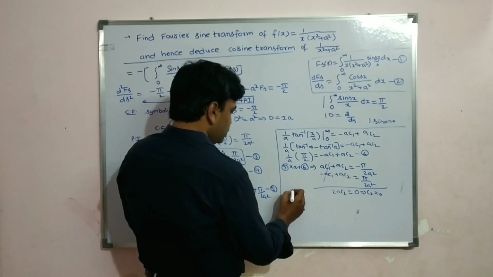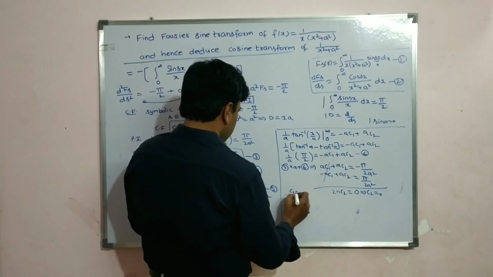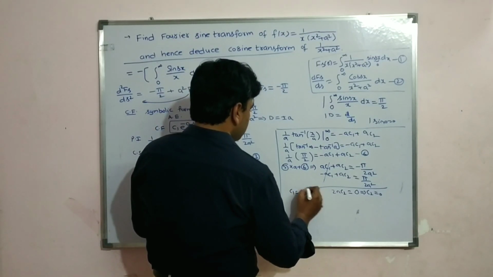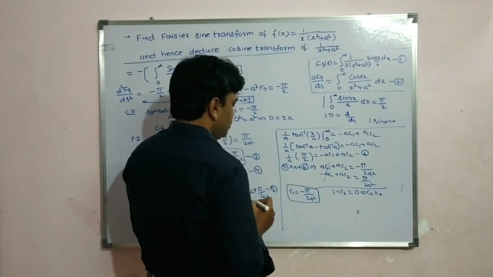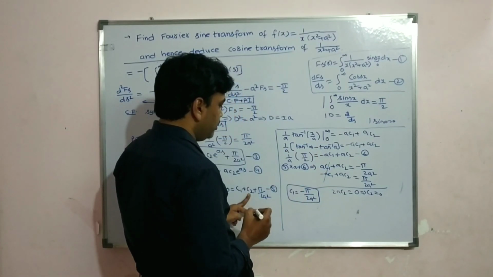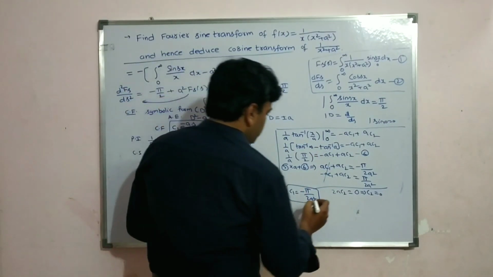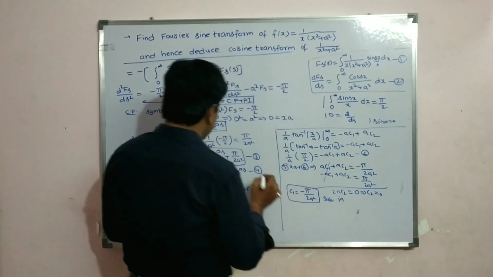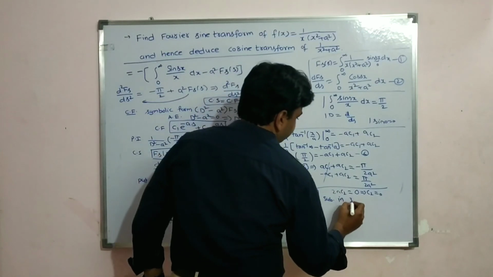What is the c1 value? The c1 value is minus π/2a². Now substitute in equation 3.